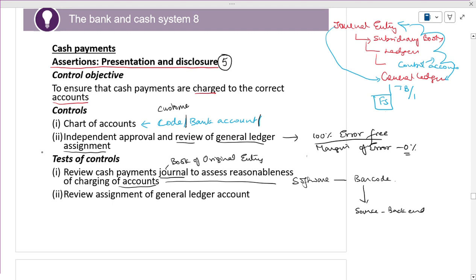The back end operation is that your master data files have to be very, very accurate. When you are creating master data files, we give all the complete information, like a person or your company opening a new account in the bank.